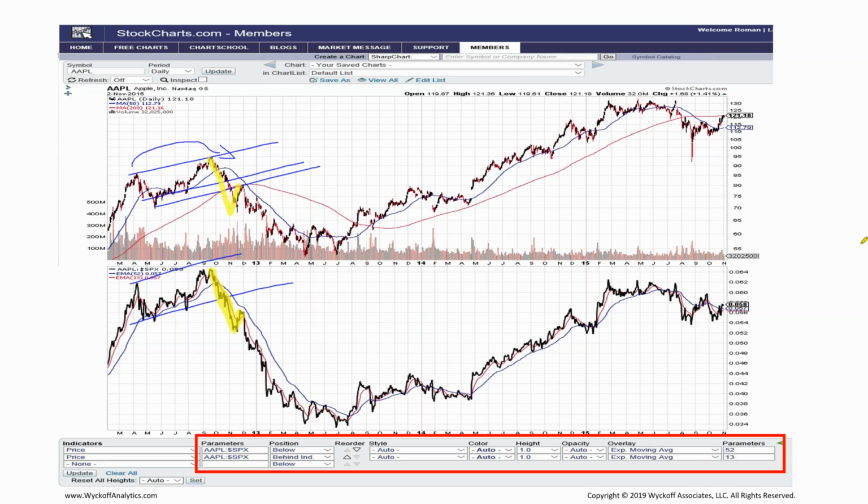That's when we could say that from a leadership characteristics standpoint, now the behavior of the relative strength and the price suggests that we're going to have lower prices, deterioration of that leadership. And that's what has happened a lot in December with a lot of the outperforming stocks.